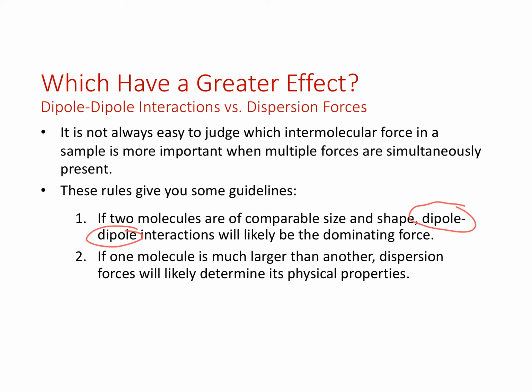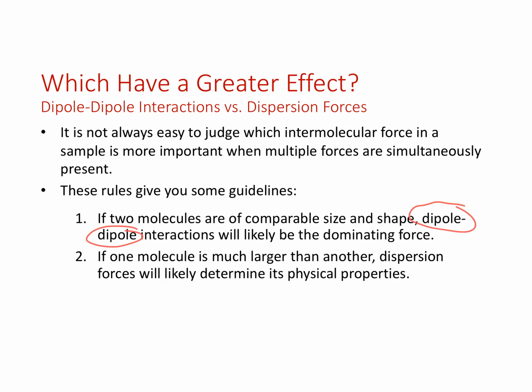So do I have stronger forces present in one molecule than the other? So do I have one molecule that only has London dispersion forces and another molecule that has London dispersion forces and dipole-dipole forces? Well, if that's the case, I'd expect that molecule to have a larger boiling point.